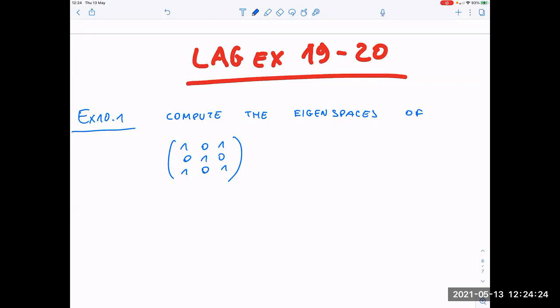So there are two easily spotted eigenvalues, right? One is 0 because the determinant is 0. So lambda 1 equals 0 is an eigenvalue.